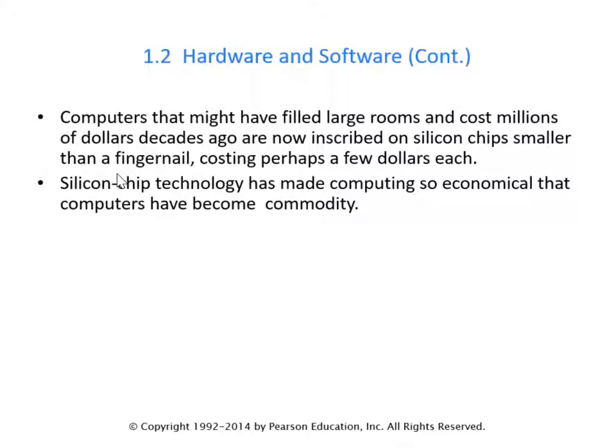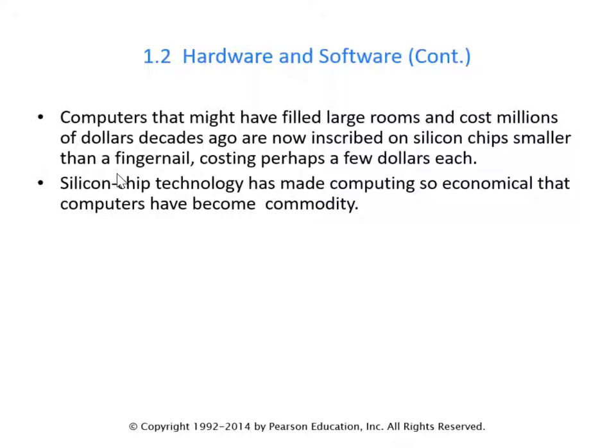So I've got 1 million times the memory, 1,000 times faster, plus the data bus is larger. I'm processing 64 bits at a time, so I'm processing 4 times as much data every clock cycle. So my 1,000 times faster now becomes 4,000 times faster. And the price is much cheaper.